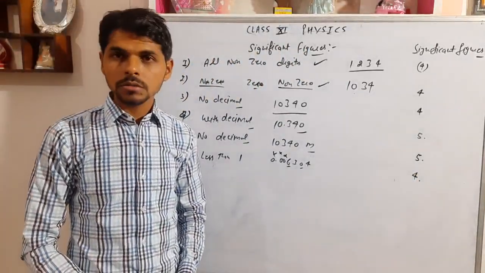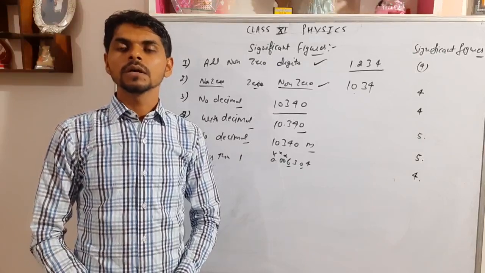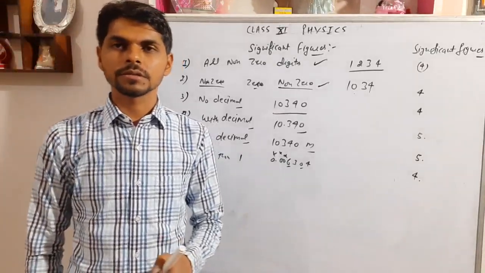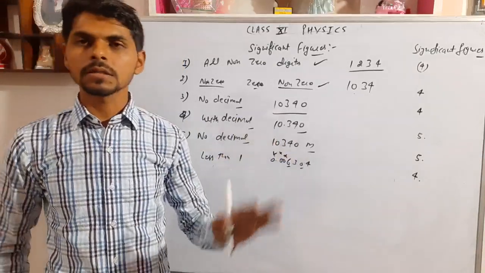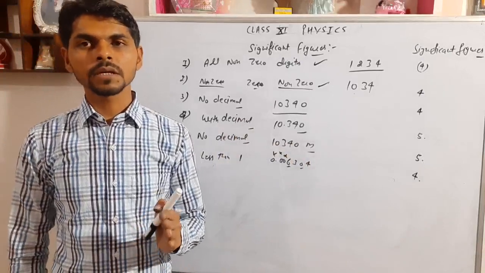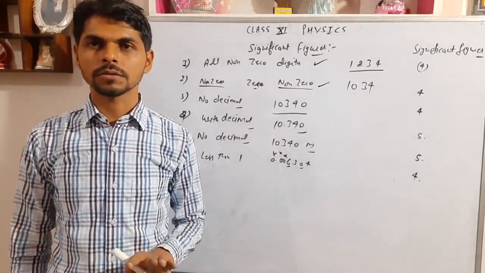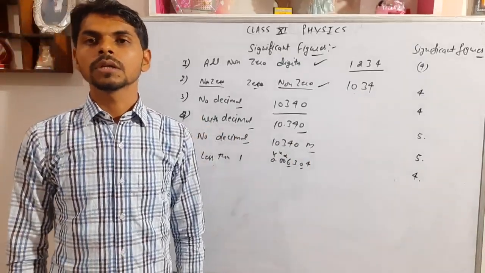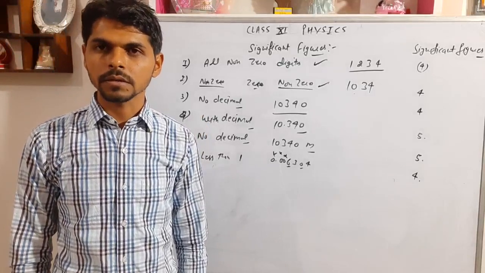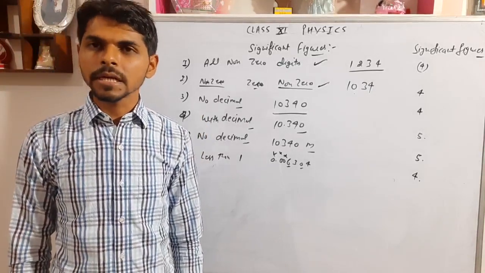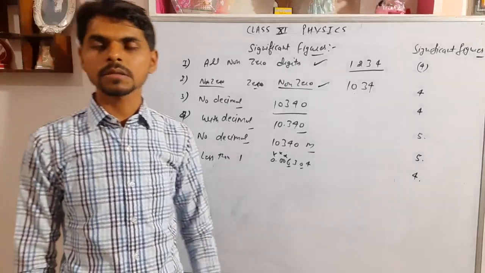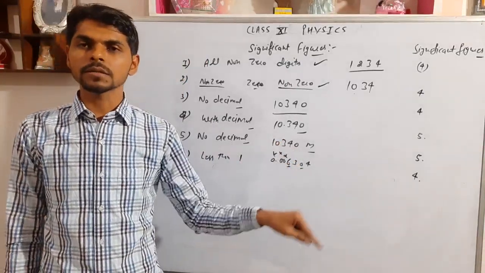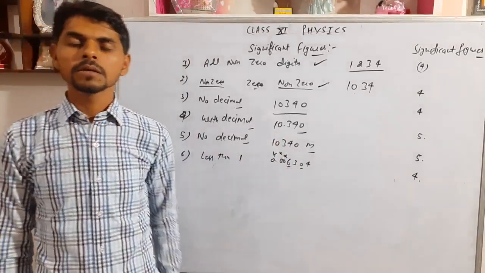So there are some rules to find the significant figures in a given number. What are they? First, all the non-zero digits in a number are significant. If 0 lies between two non-zero digits, that is significant, otherwise not. If a number is without decimal and ending with 0, the end 0 will not be significant. Rule number 5: if a measurement is without decimal and ending with 0, the trailing 0 will be significant.